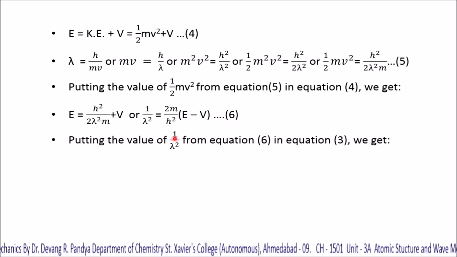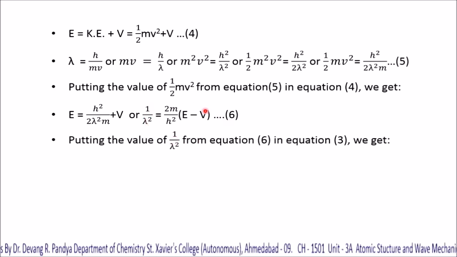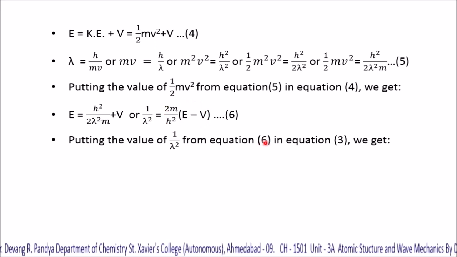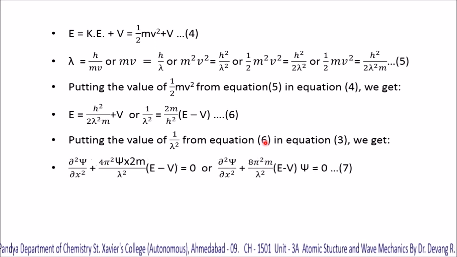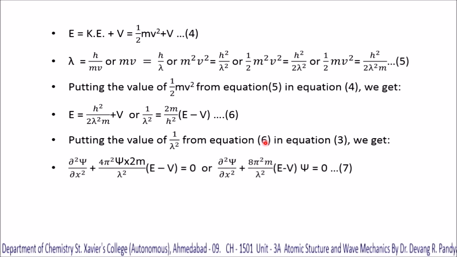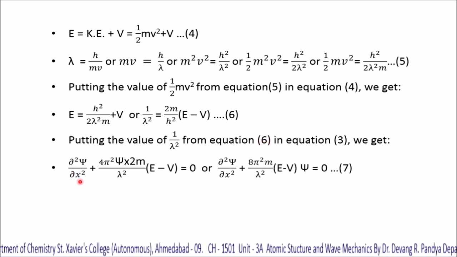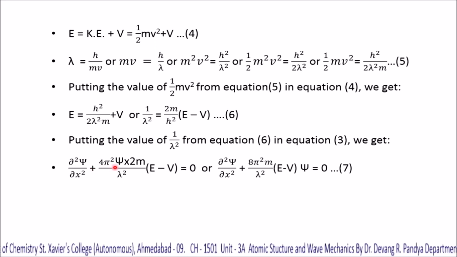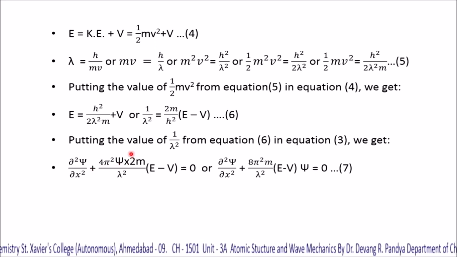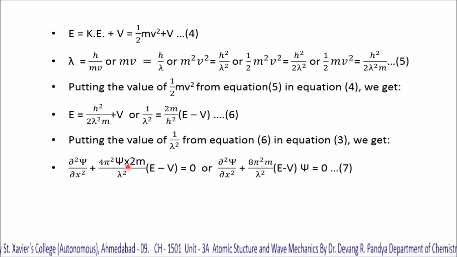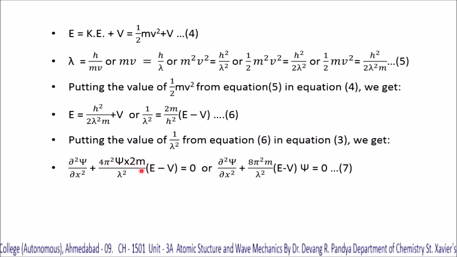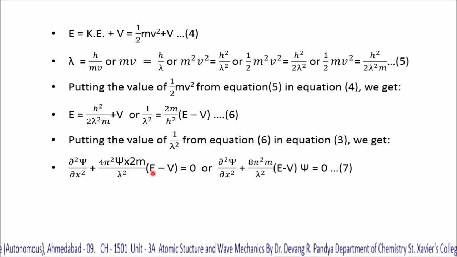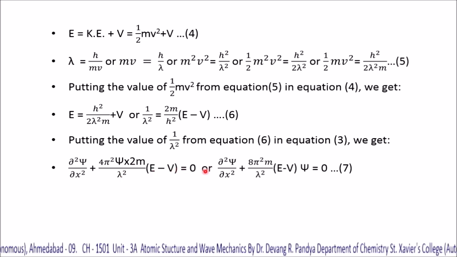Putting the value of 1 upon lambda square from equation 6 into our equation 3, we get d square psi by dx square plus 4 pi square psi into 2m upon h square into E minus v is equal to 0.